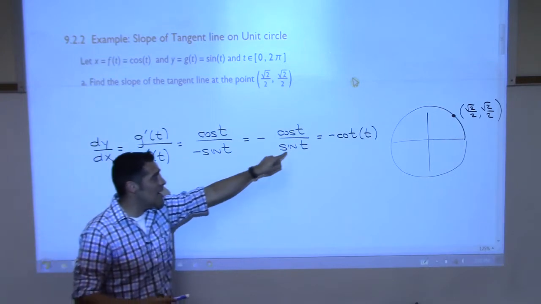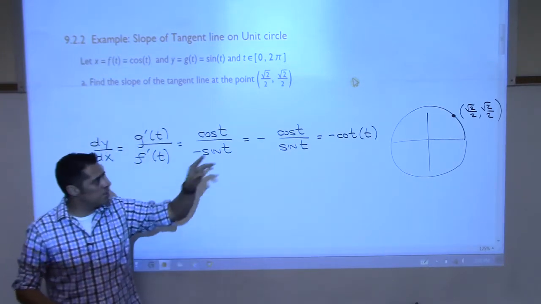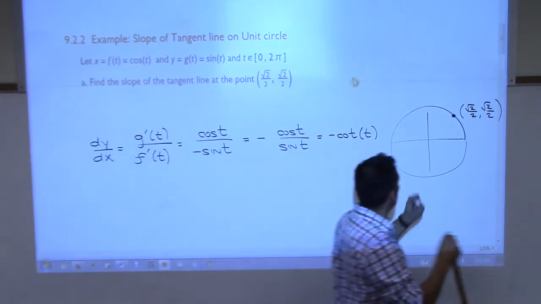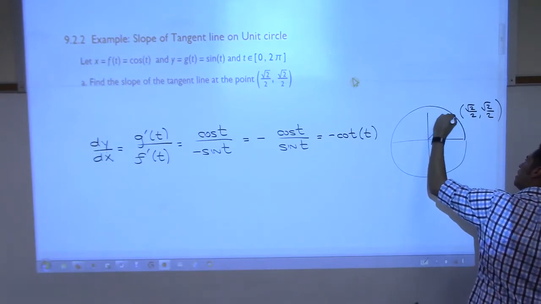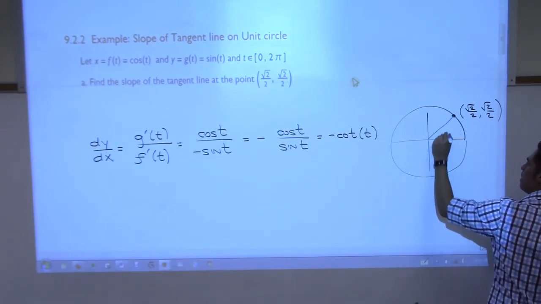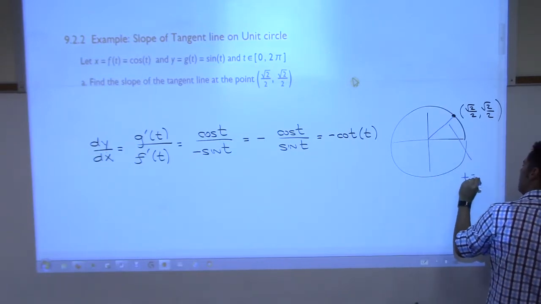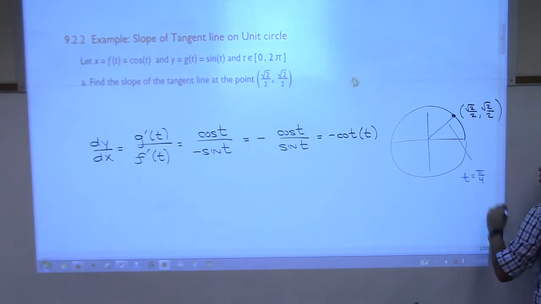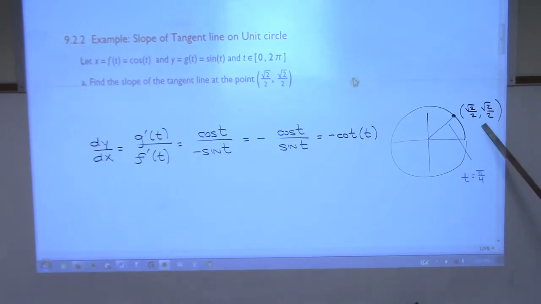We've got to plug in the time variable that corresponds to this point. To get to this point, t had to be pi over 4. How would you know that? Well, you just got to be familiar with your trig functions. You got to know that this corresponds to this.